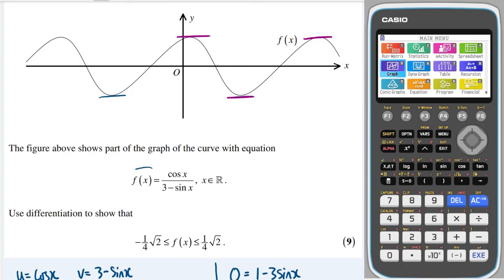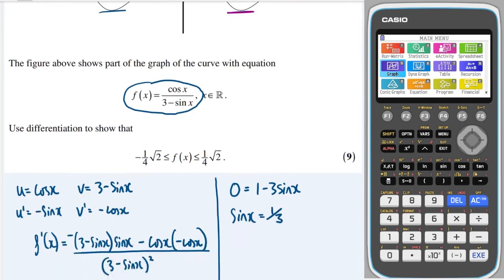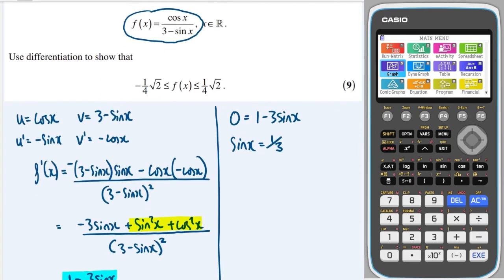And I find the y coordinates by subbing into the y formula. Now I know sine x, but I'm also going to need to know what cos x is so I can sub into here. And I'm going to want them in exact form, so I don't really want to solve for x by using sine to the minus 1. Instead, what we're going to do is we're going to use our identities. So I know that sine squared x is equal to 1 over 9.